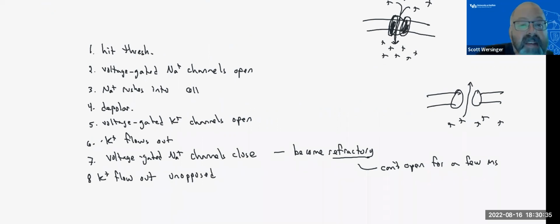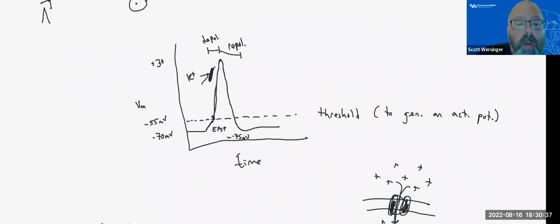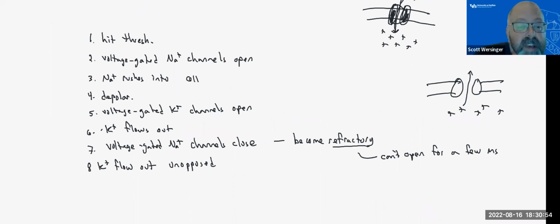Okay, so as the potassium flows out now, it's going to decrease the number of positive charges inside, right? It's going to make us more and more negative. Down here at this point, the voltage gated potassium channels close.